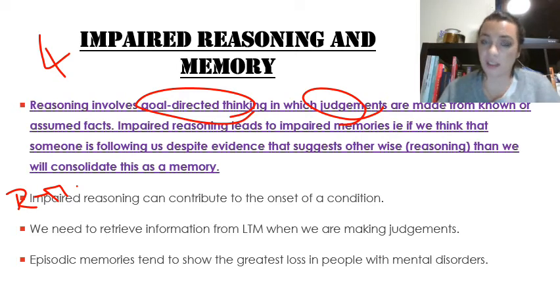Having good reasoning skills allows us to solve problems and it allows us to deal with the challenges that we meet in everyday life. If we have flawed thinking that impedes our goal-directed behavior or maybe doesn't allow us to rationally consider probabilities that decide if an outcome is likely to be true or not, that can lead to problems with memories, as I've said.